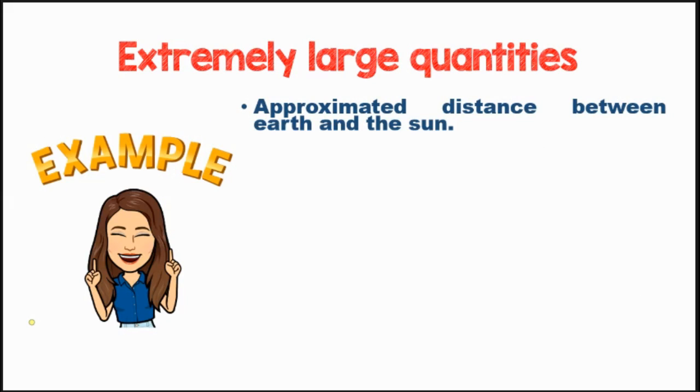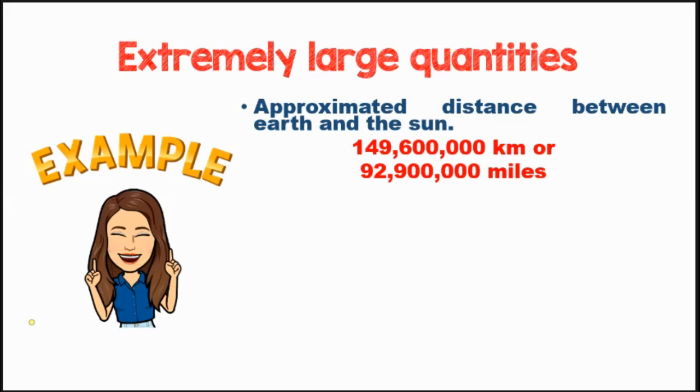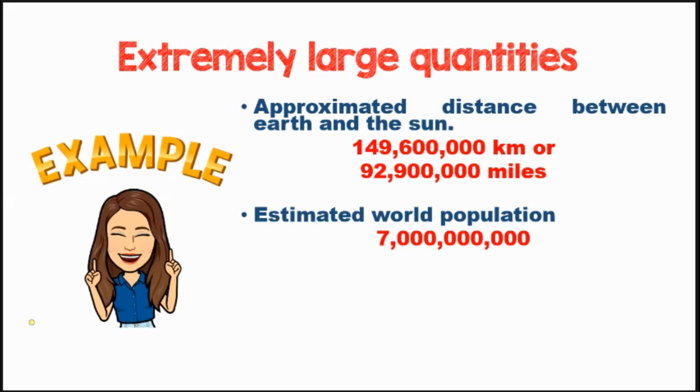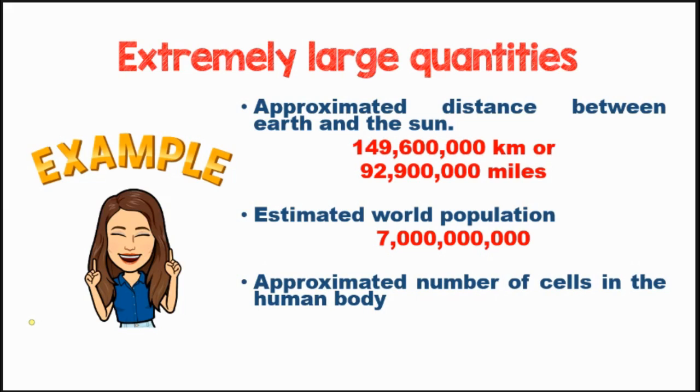The approximated distance between the Earth and the Sun is approximately 149,600,000 kilometers or 92,900,000 miles. For the world population, it is already estimated to be about 7 billion. And then the number of cells in the human body is approximately, there you have it, I won't read it for you.